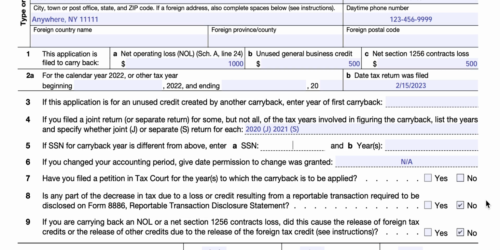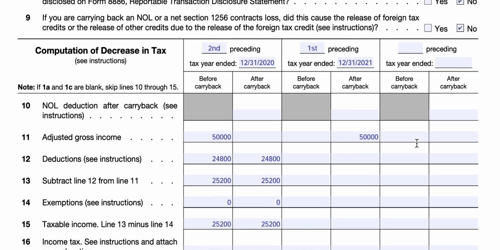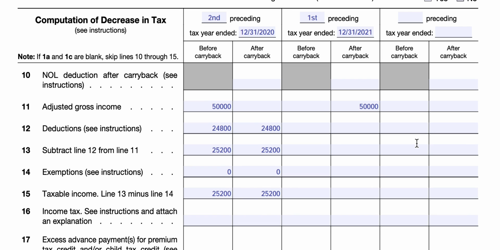So if you're playing with multiple different carrybacks or business credits, definitely take some time to read through the form instructions so that you're familiar with how these credits and carrybacks, carryforwards might have impacts on each other. Because all of that is going to come into play when you start computing your decrease in tax.